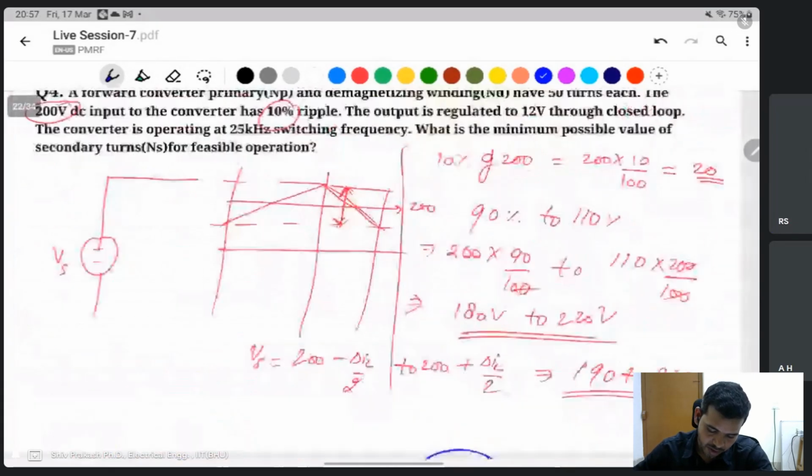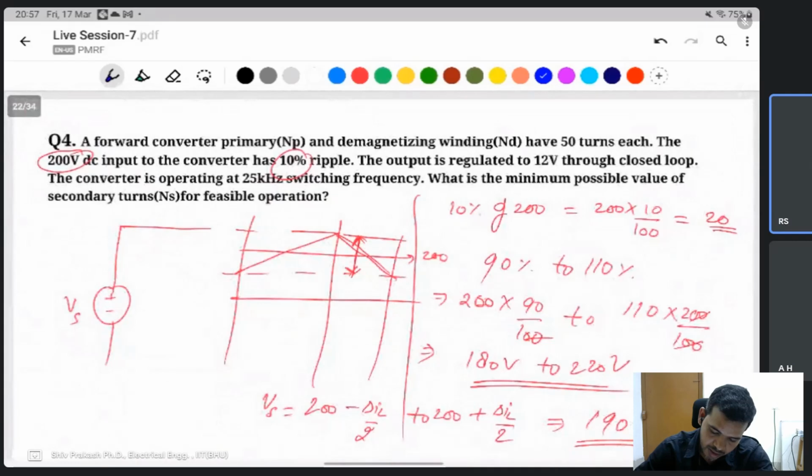I want to ask about the question that is given. The output voltage is 12 volt fixed. The input voltage varies from 192 to 210. Then what is the minimum possible value of secondary turns for feasible operation?